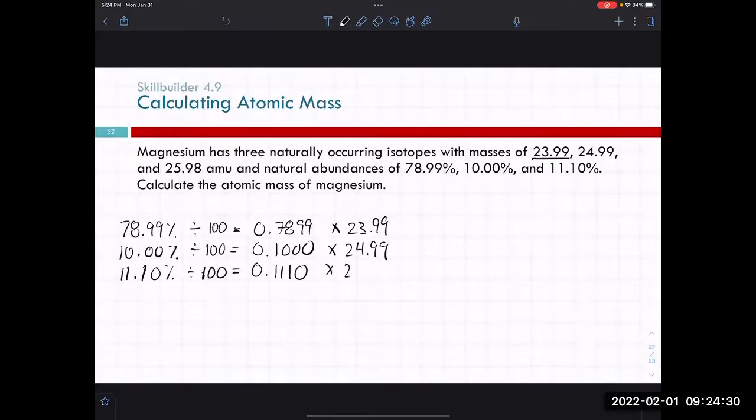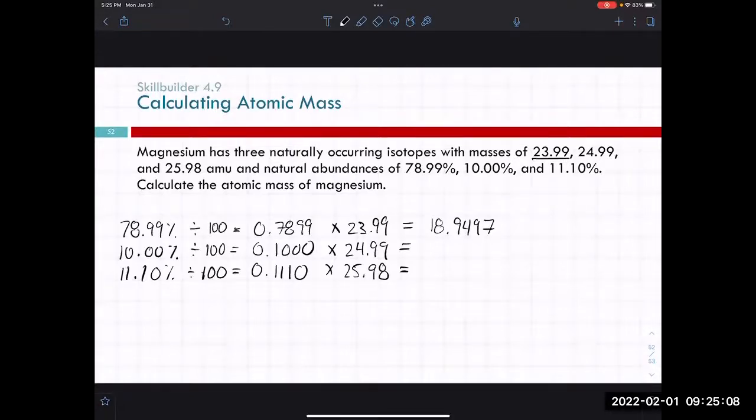And then this last one will be 25.98. So 0.7899 times 23.99 gives you 18.9497. And we're not going to round at this stage because we're not done with our calculation.